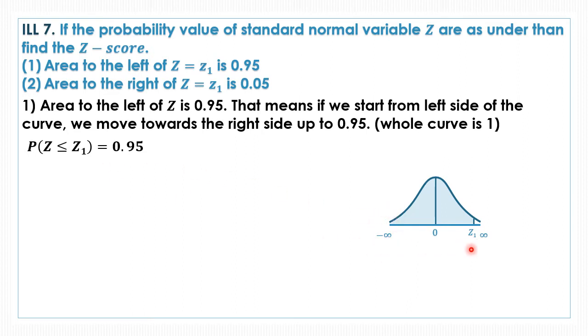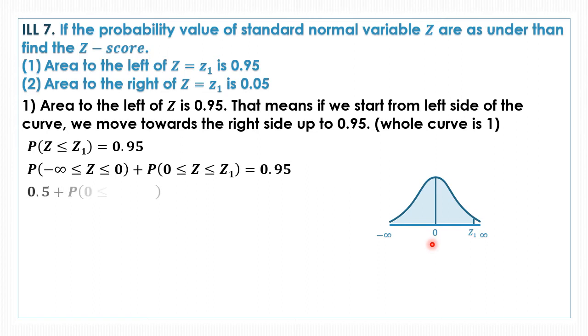So now if I split up these values, I will get from negative infinity to 0, and I will add 0 to Z1 in there, which is 0.95. Now we all know that negative infinity to 0 has the value 0.5, so 0.5 plus 0 to Z1 is equal to 0.95.